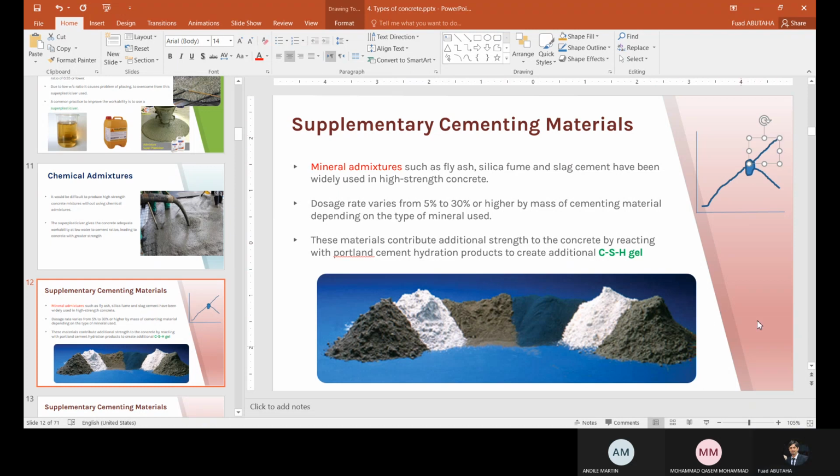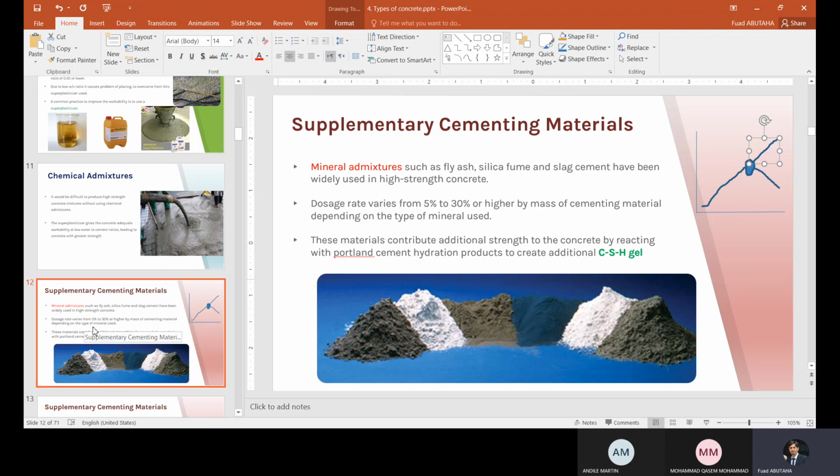Again, what's special in this material that can increase the strength of the concrete furthermore by replacing the cement? It helps in achieving higher strength concrete, higher than the limit.